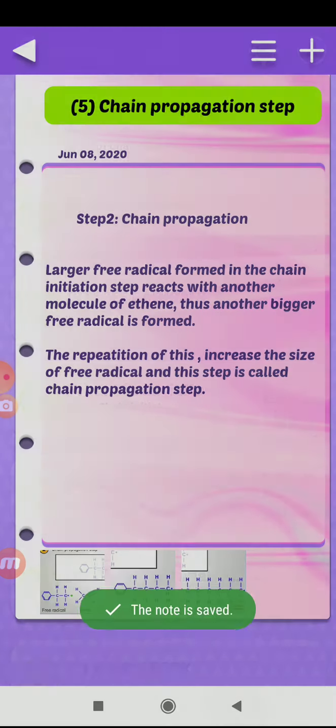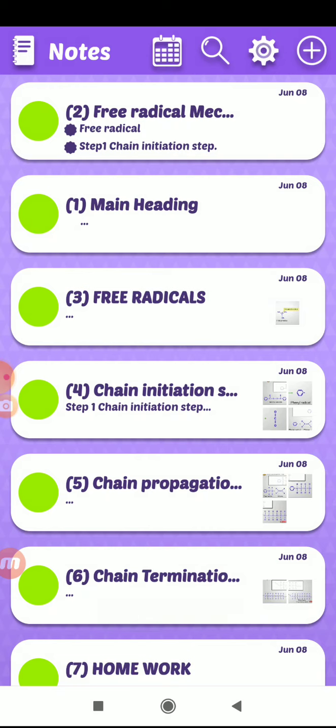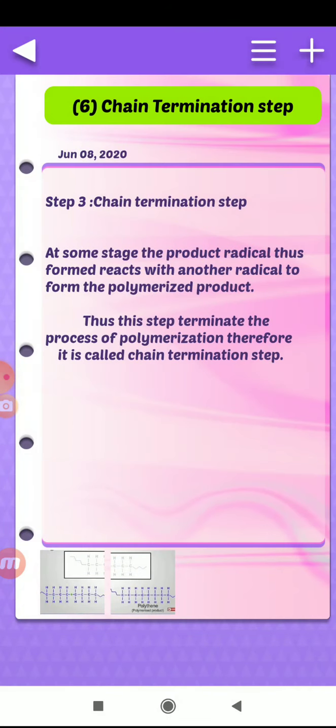Now let us discuss the next step, that is the chain termination step. Chain termination means there is a termination due to the combination of two higher free radicals. At some stage, the product radical thus formed reacts with another radical to form the polymerized product.